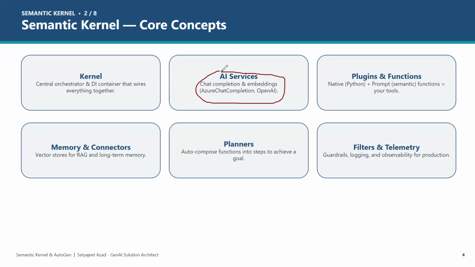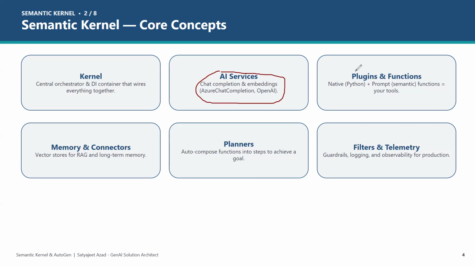There are also things like memory and instructions that you can give, but broadly, when you think of any agent, it's like MCP plus some tool facility, extending the LLM so that it can take decisions and actions. Otherwise, an LLM is like an isolated person sitting idle on a chair, thinking too much but not taking actions, right? So you want your LLM to take actions. AI services means you need an LLM. When I say AI services, it's an LLM. You're giving the LLM to the kernel.